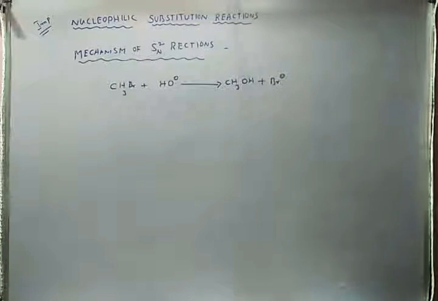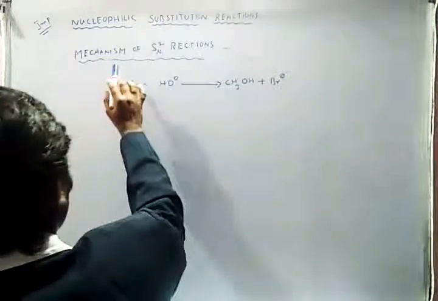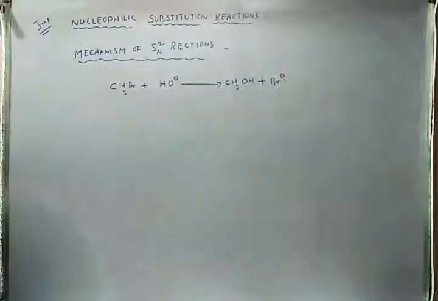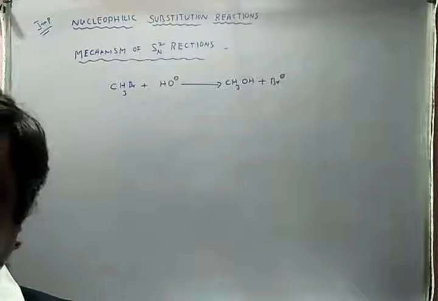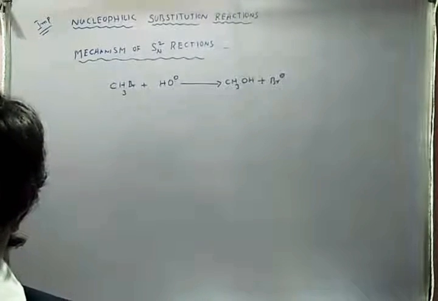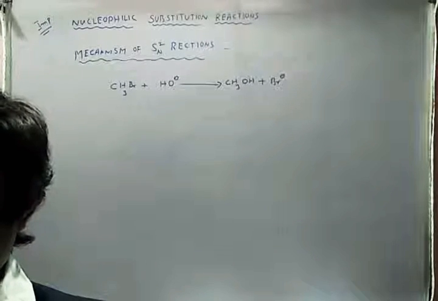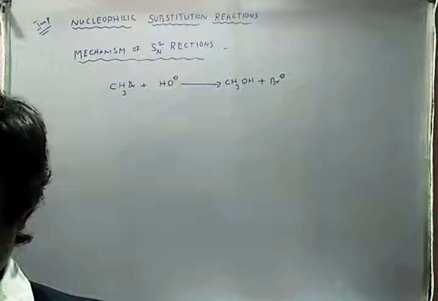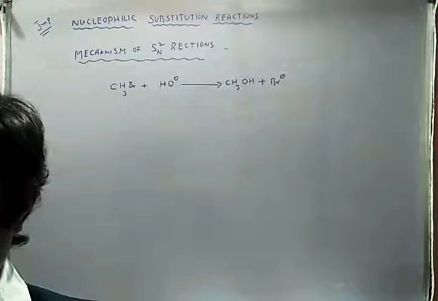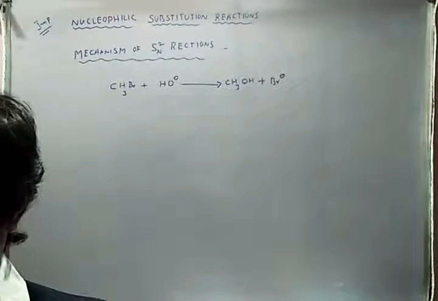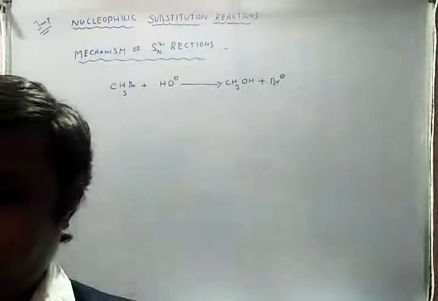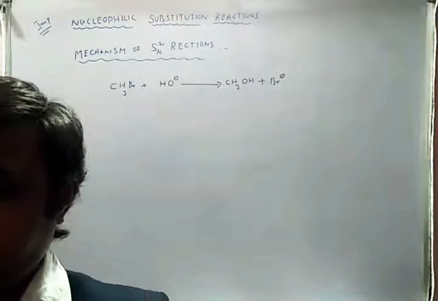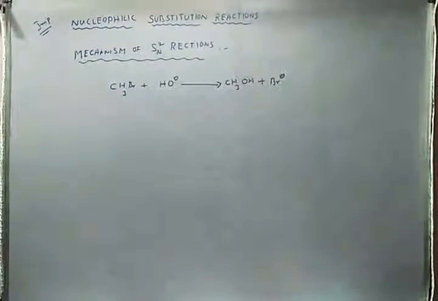Let us see the mechanism of SN2 reactions. As you all know, in the SN2 reaction mechanism, the rate of nucleophilic substitution reactions, such as the reaction of methyl bromide with hydroxide ion, depends on the concentration of both the reagents.